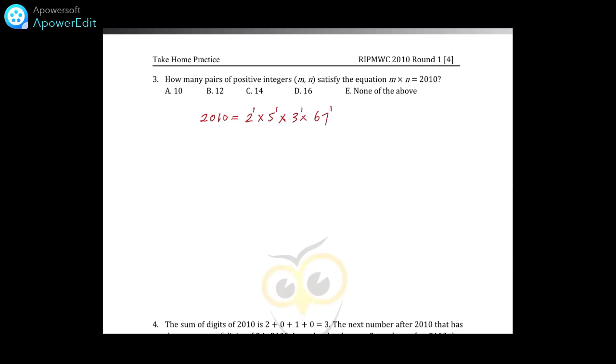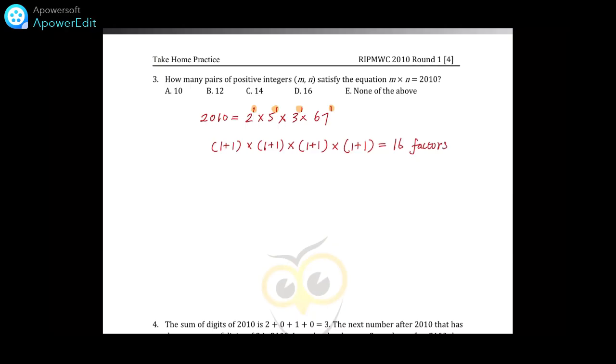Then we can find the total number of factors. Each of the index numbers plus 1, times together. So we have 2 times 2 times 2 times 2. This equals 16. There are 16 factors for the number 2010.